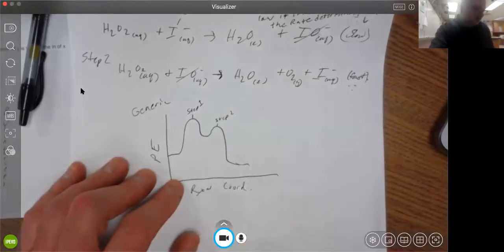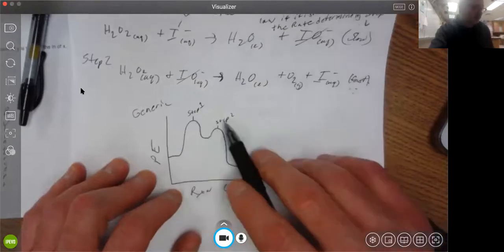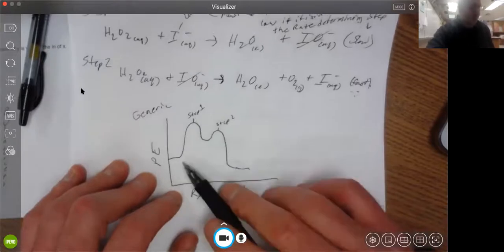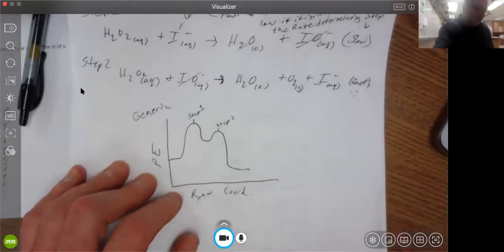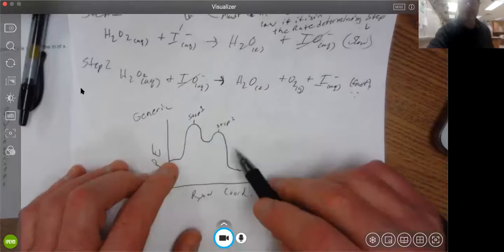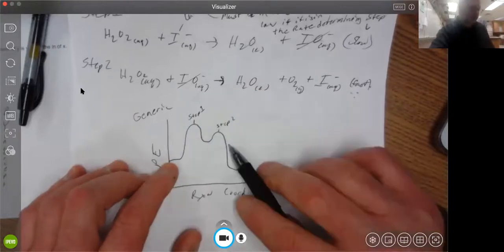Very generic one, but no matter however many steps you have, if you had to draw the potential energy versus the reaction coordinate, you would have as many humps. And if this were instead endothermic, then obviously this would be up here.